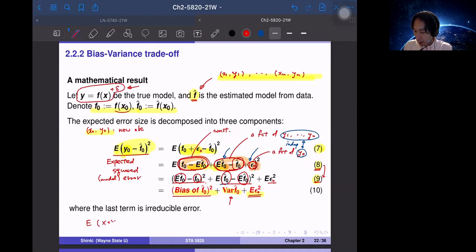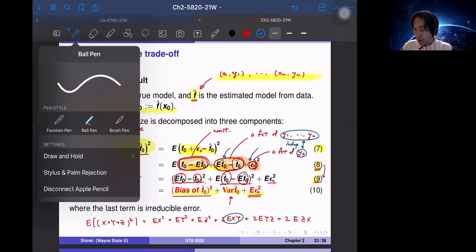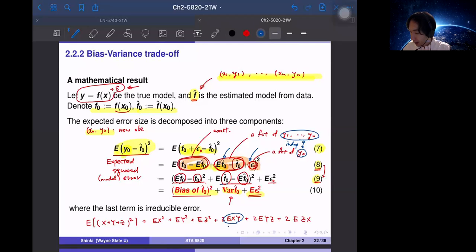In general, if we have x, y, z and they are independent, then this is the expectation of x squared plus the expectation of y squared plus the expectation of z squared plus 2 times the expectation of xy, 2 times the expectation of yz, 2 times the expectation of zx. But if independent, this term decomposes into the expectation of x times the expectation of y.